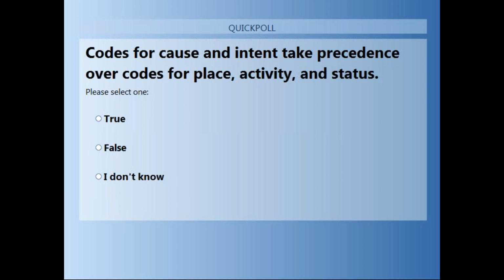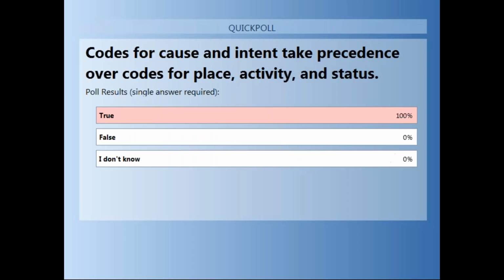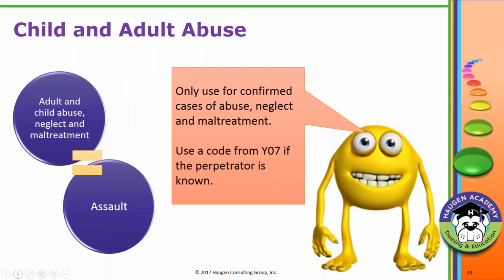All right, let me close the poll and share the responses. And 100% of them are saying this is true. Well, this is the smartest group. That is absolutely correct. Good job, everyone. The coding guidelines do tell us that activity and external cause codes are assigned following all of the causal or the intent code. So, yep, absolutely right. Good job, everyone.